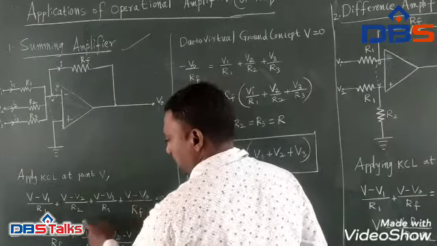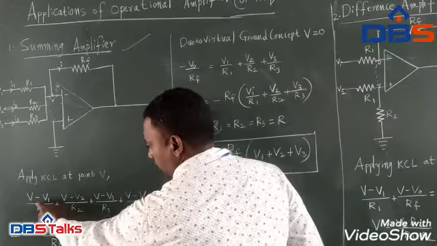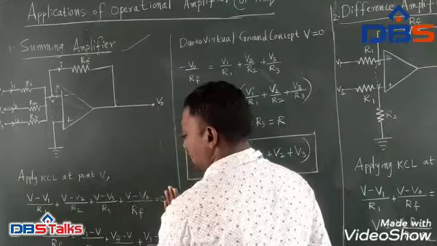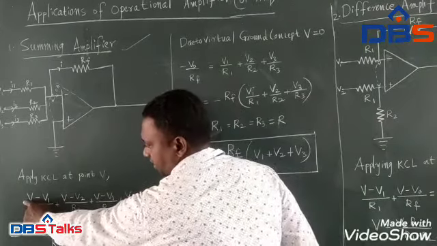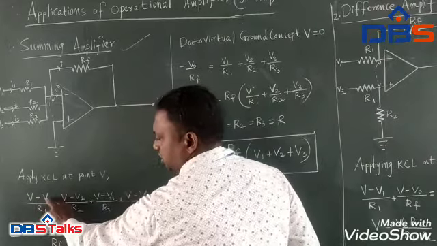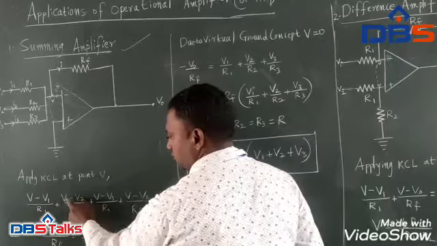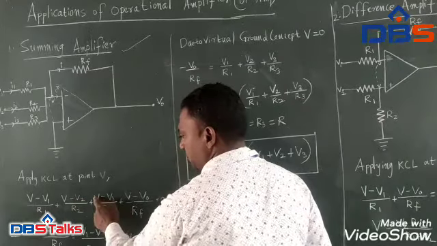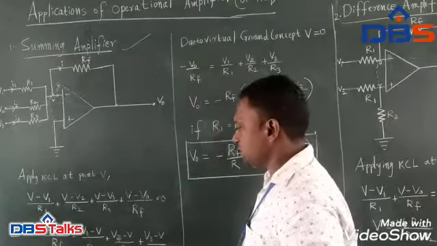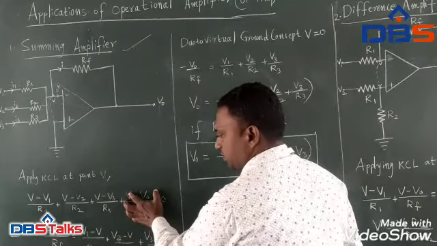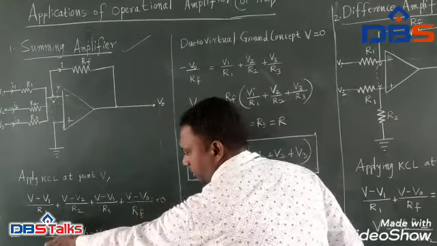V minus V0 by RF is equal to, if you take all these three terms onto the right hand side, V1 minus V by R1, because the minus sign comes here: minus of V minus V1 means V1 minus V. So V2 minus V by R2, V3 minus V by R3. I think you are clear, right? I am keeping only the term V minus V0 by RF on the left hand side.